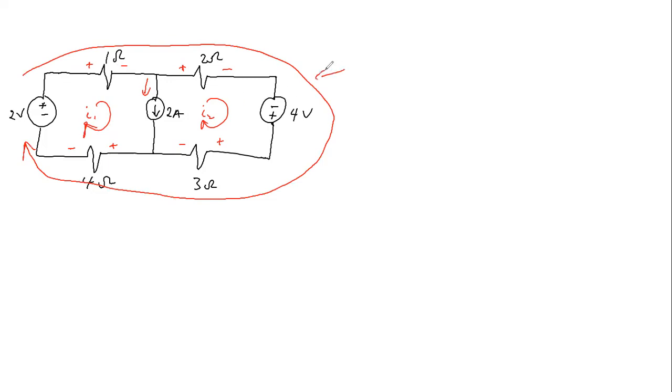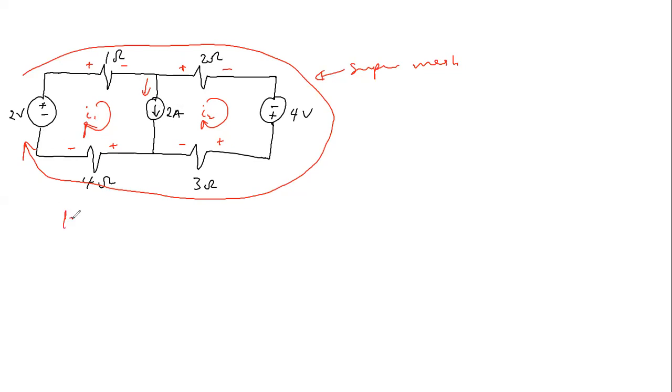So this is the super mesh. So when you trace around the meshes without necessarily including the current source between the meshes, then we have a super mesh.